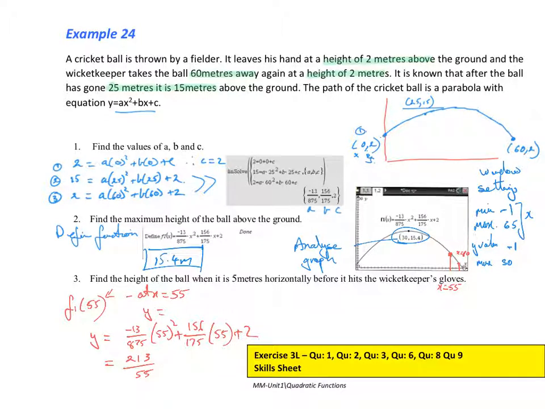So that's approximately equal to 6 metres. So it's about 6 metres in the air before it reaches the wicket keeper.